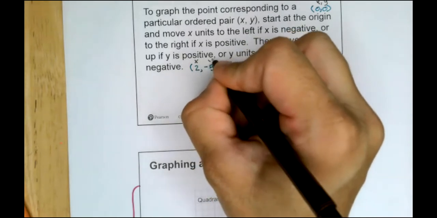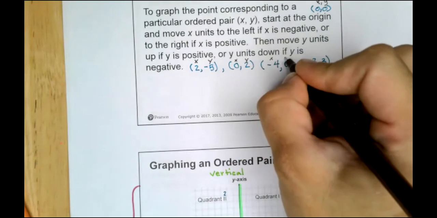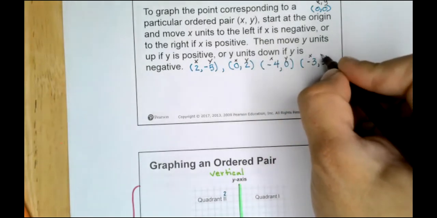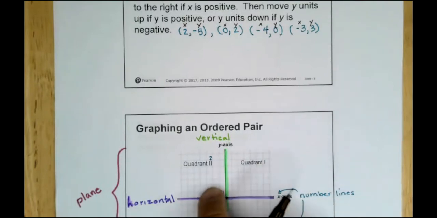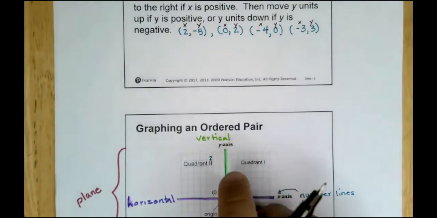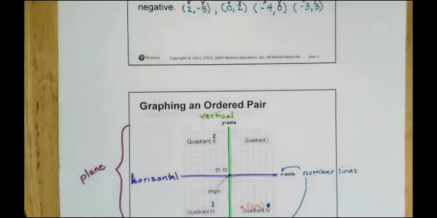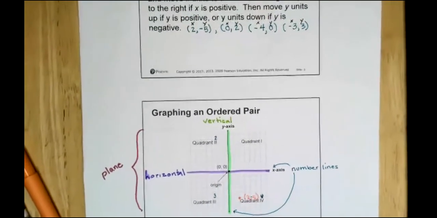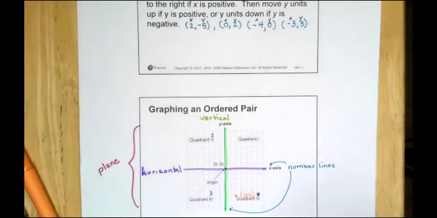The second one is always y. x, y, x, y. Okay? So this is always x. This is always y. Let me move this up a bit so we can fit it all in the same shot.